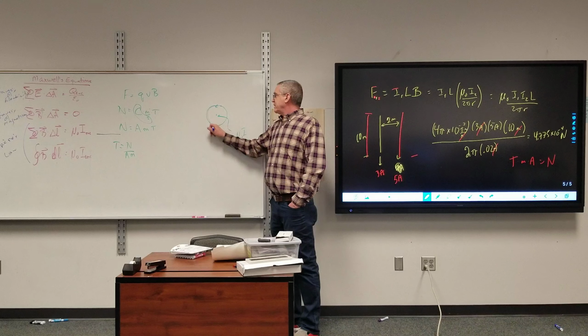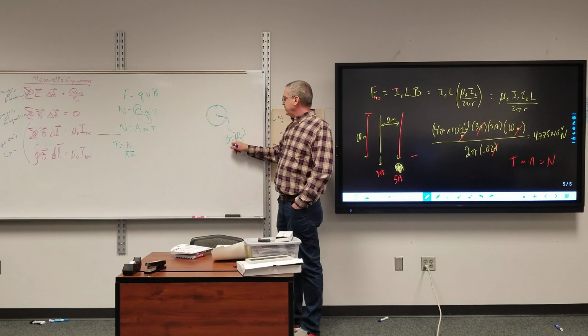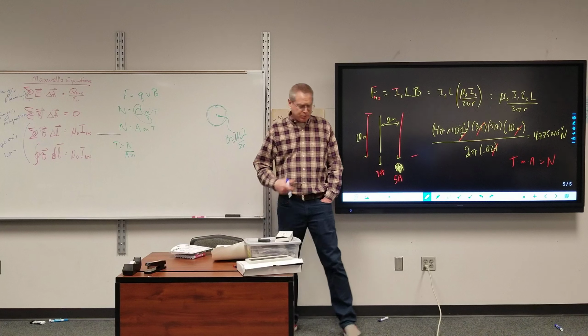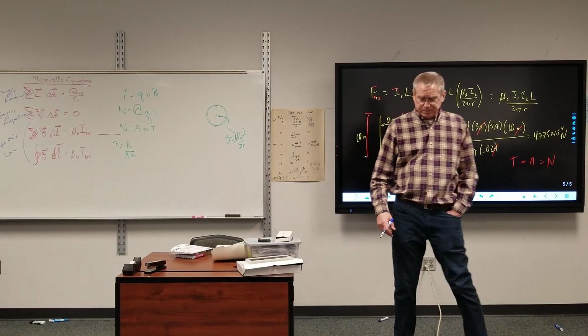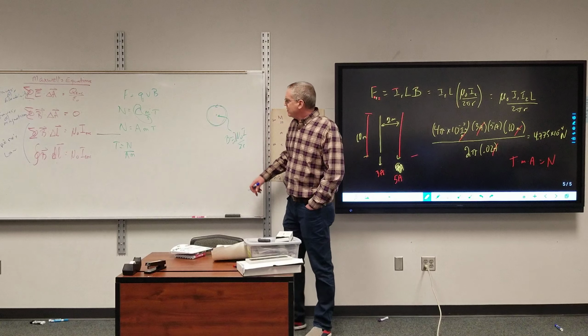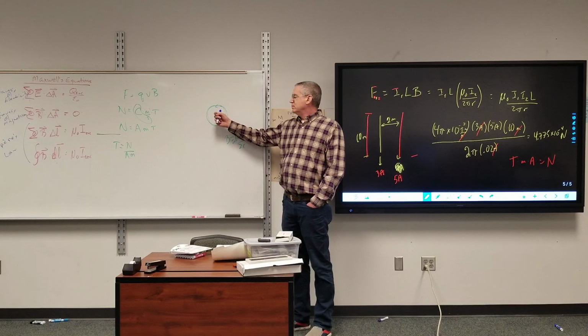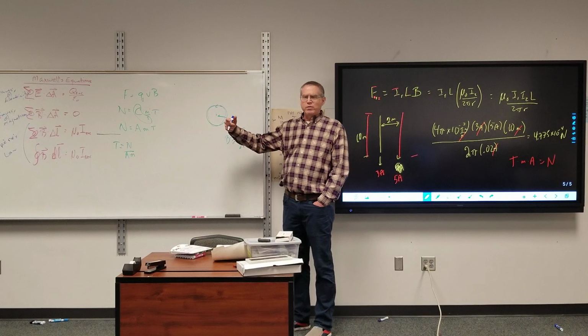If I take a second loop of coil, then my magnetic field in the middle is roughly 2 times that. Each coil is producing its own magnetic field. So if I add the coils again and again, I get more of a magnetic field in the middle.